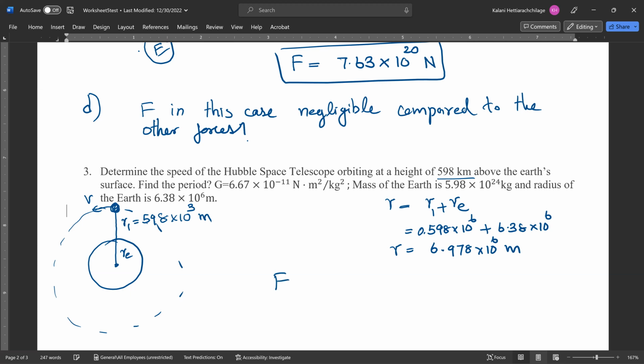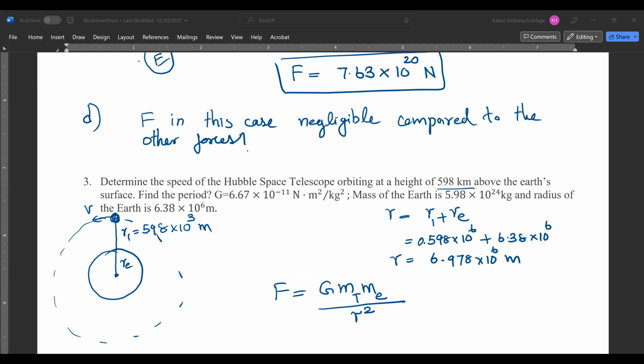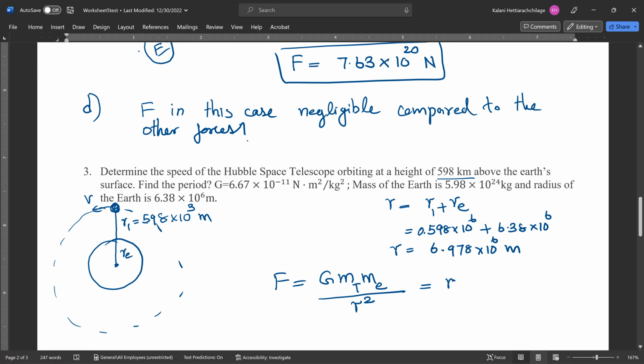Now I know that I can calculate the force by using G, the mass of the telescope and the mass of the Earth. These are the two objects, and the distance between them is squared. Since this will be the centripetal force, I can write it as the mass of the telescope times velocity squared over r.